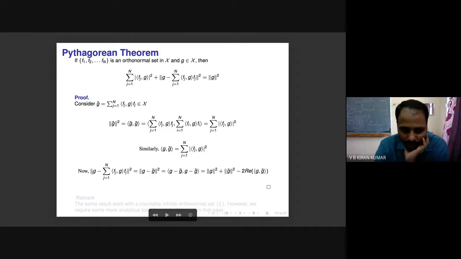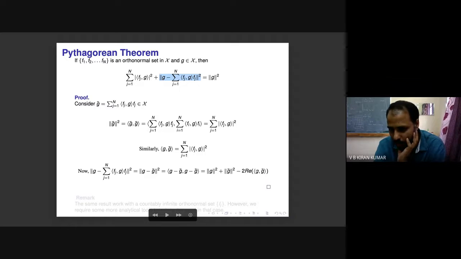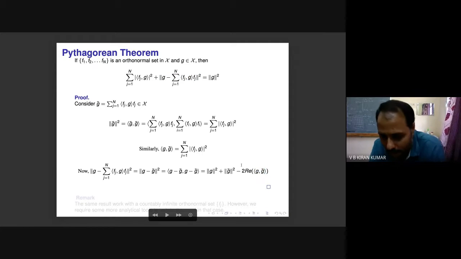Okay. Now, what do you do? You compute this quantity. What is this? Norm of g minus this g tilde, squared. By the definition, it is the inner product of g minus g tilde with itself, and you apply the linearity. So it is norm g square plus norm g tilde square minus 2 into the real part of this. But remember that norm g tilde square and the inner product of g with g tilde are the same.